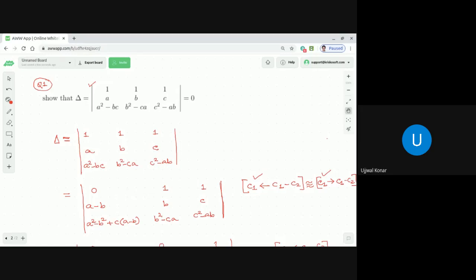And sometimes there are questions where it has been mentioned to show that delta equals this without expanding the determinant. That means you need to use the properties of the determinant to establish that. So now you understood, dear students, the value of these properties, whatever we started learning today.